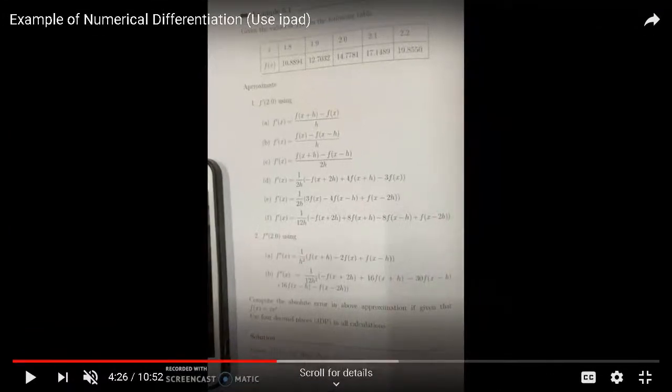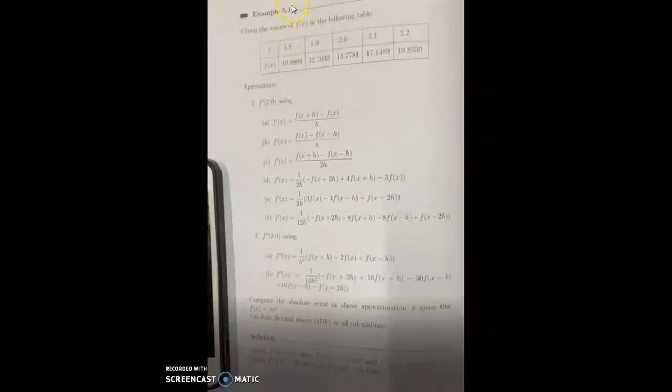Now let's go to the notes, to the YouTube. We want to find the first order derivative for x equal to 2.0 at the center. This one is x_i, x_i plus 1 is 2.1, and x_i minus 1 is 1.9.